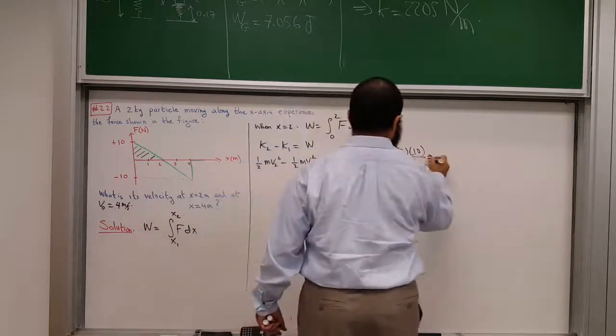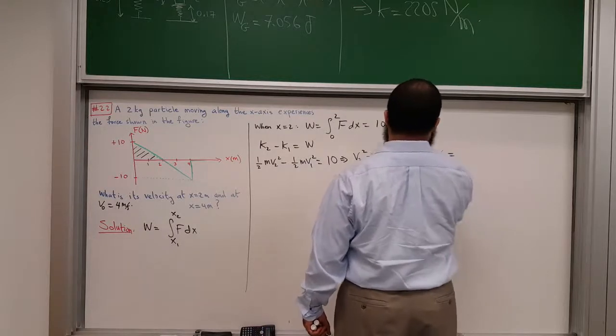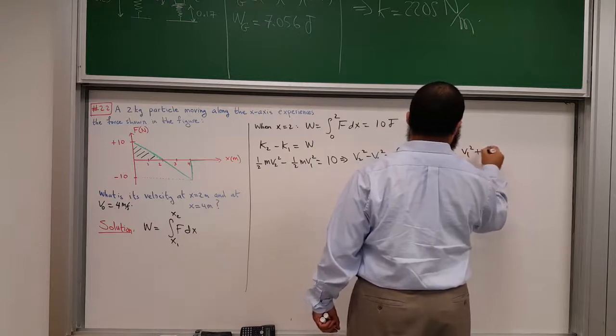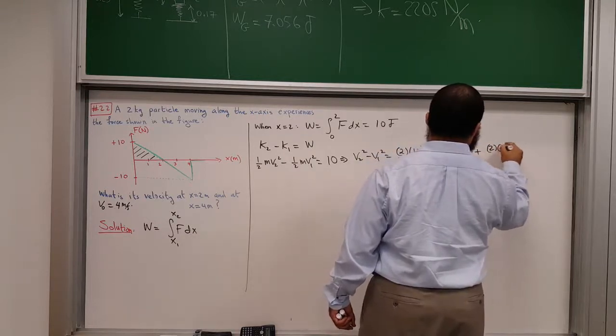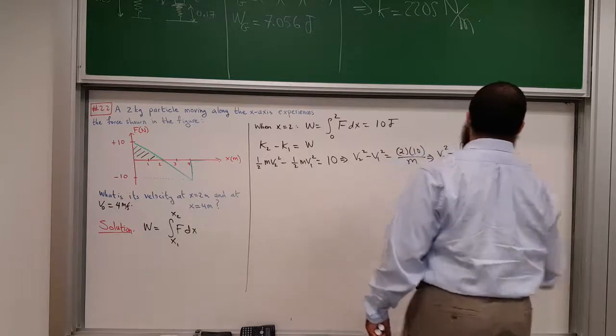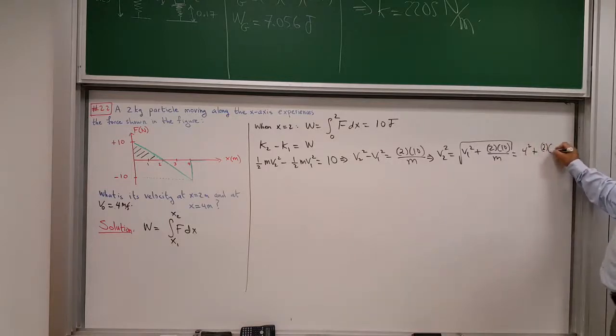And so v2 squared will equal v1 squared plus 2 times 10 divided by the mass, under the square root. V1 is 4, so 4 squared plus 2 times 10 divided by the mass. The mass is 2 kilograms, they said.